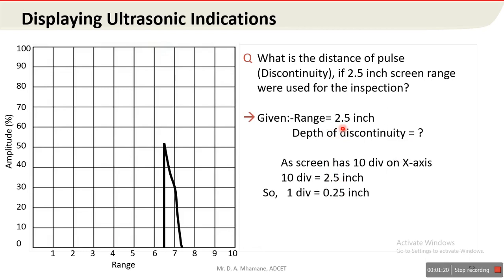So value of single division is 0.25 inch, and if you see this diagram, the echo is plotted in between 6th and 7th division. So approximately we consider it is a 6.5. So 6.5 is the location of this pulse, and we know value of single division is 0.25.